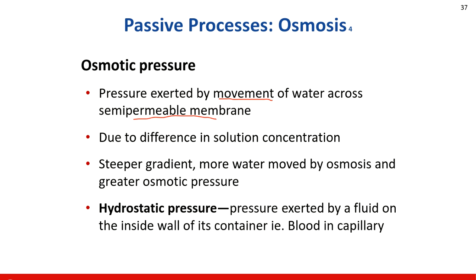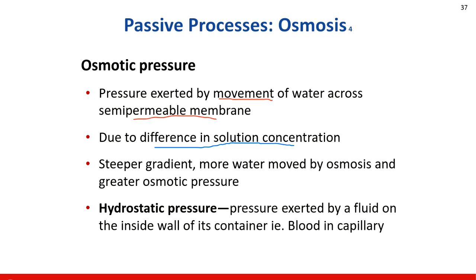When water moves from an area of high water concentration to an area of low concentration, it also is moving towards the area of greater solute concentration. So that's what we're seeing here. We have a difference in solute concentration, and therefore you have a difference in water concentration. And so that is where we're going to see that pressure being generated.